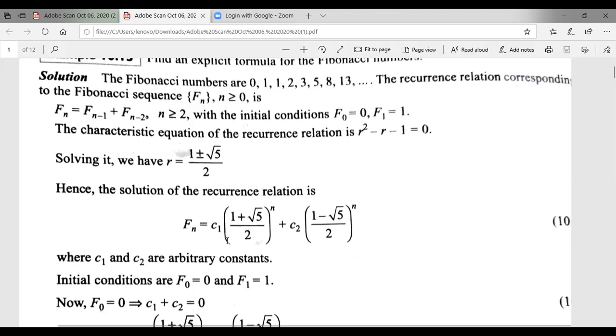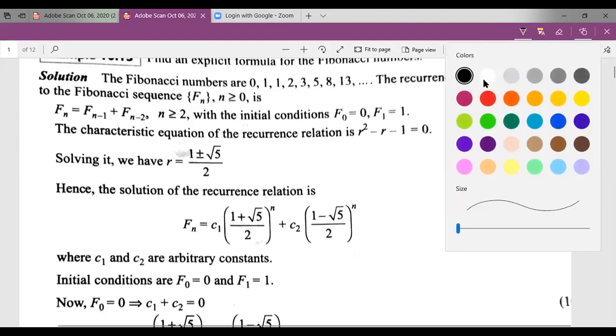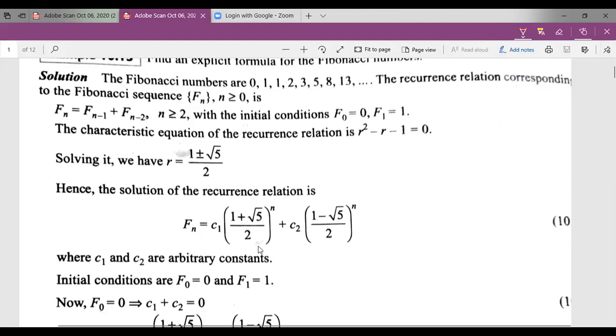So we have to find these arbitrary constants using the given initial conditions. We put n is equal to 0 in this relation. Let it be equation 1.